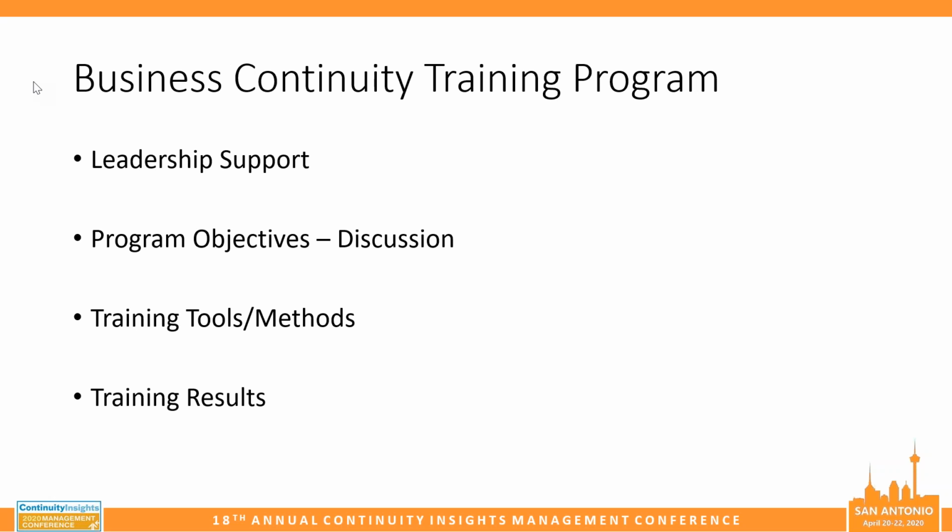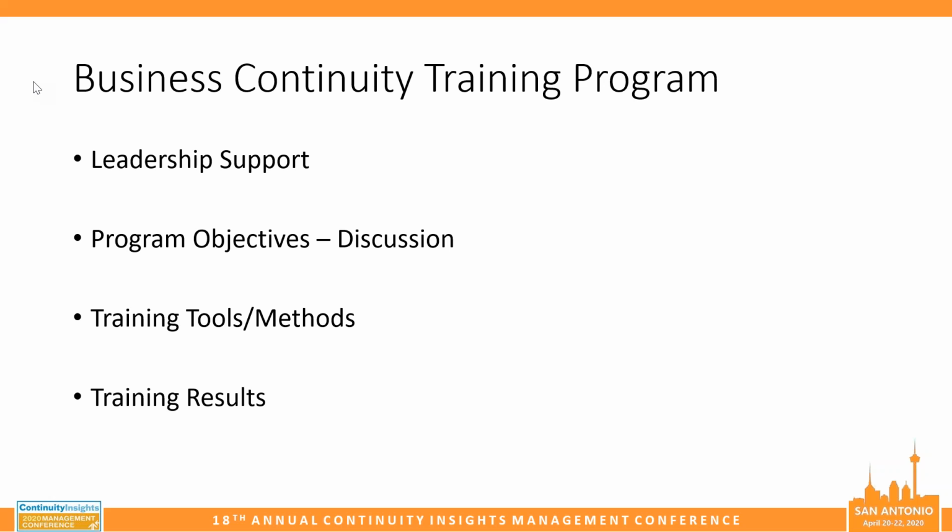As you look at your business continuity program in general, and specifically the training, the first thing you need is leadership support. That can be in the form of some type of statement or messaging to let everyone know we're launching a training program around business continuity.